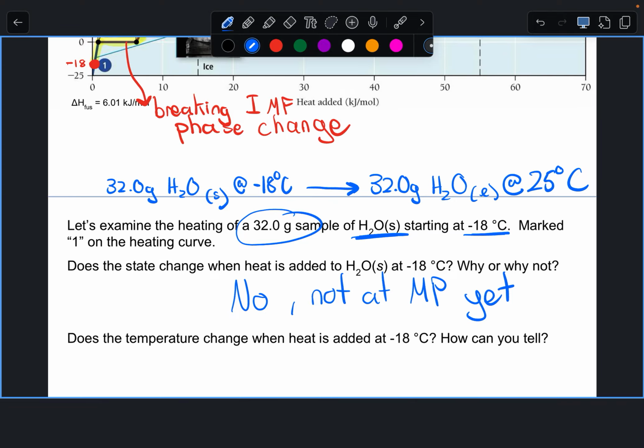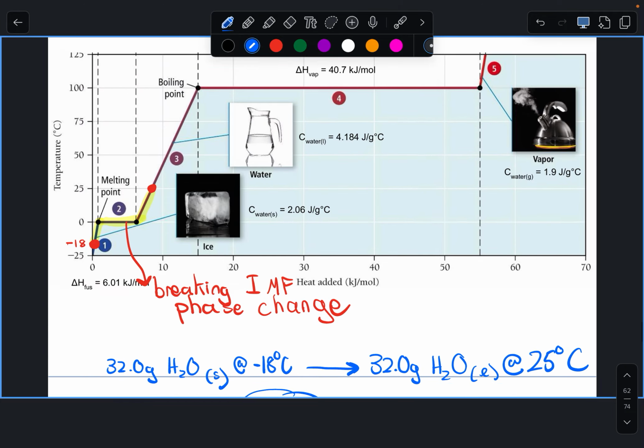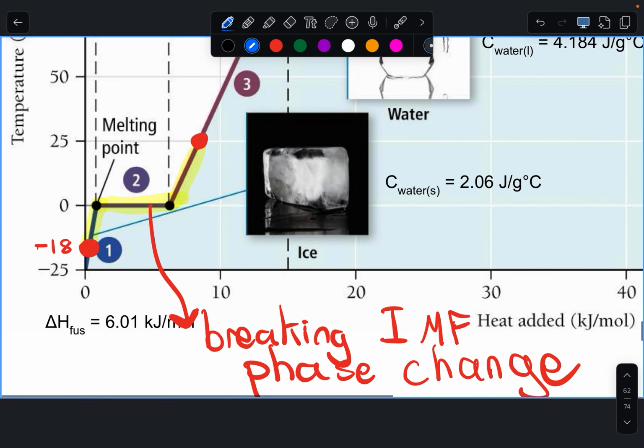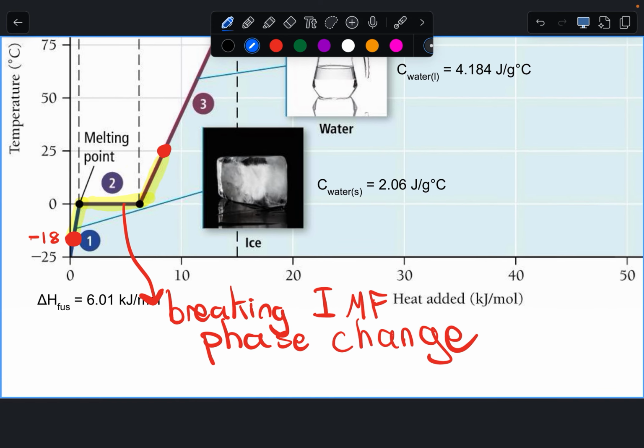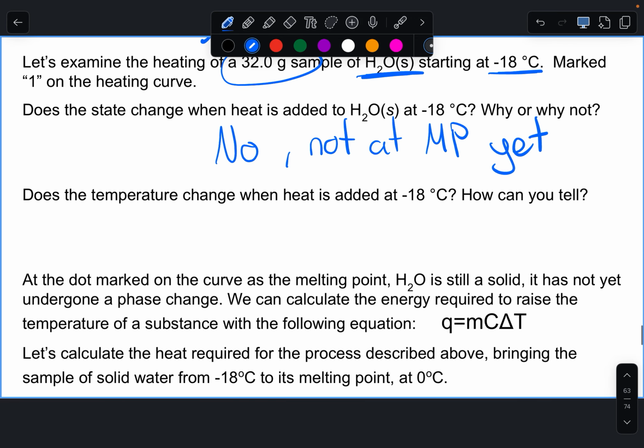Does the temperature change when heat is added? We go back and look at our heating curve. Yes, this is what the y-axis is measuring: changes in temperature. As we add heat, we see an increase in temperature, until 0 degrees Celsius. How can I tell?